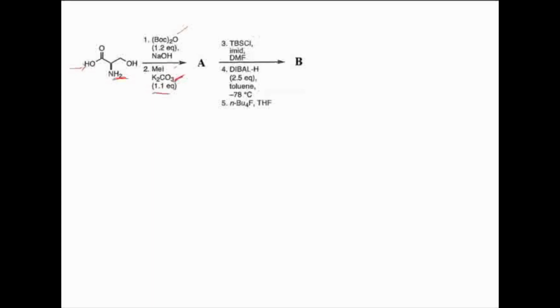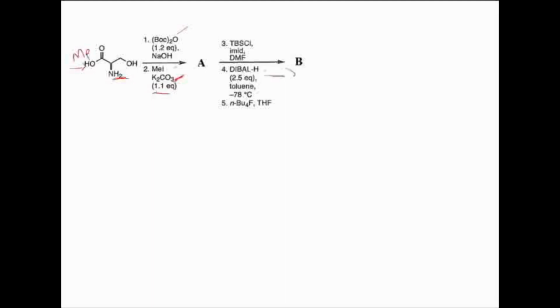So we are doing selective protection. Using methyl iodide, we are protecting the COOH group. Then we are protecting the OH group by the tertiary butyl silyl group. So now this is converted to the ester.